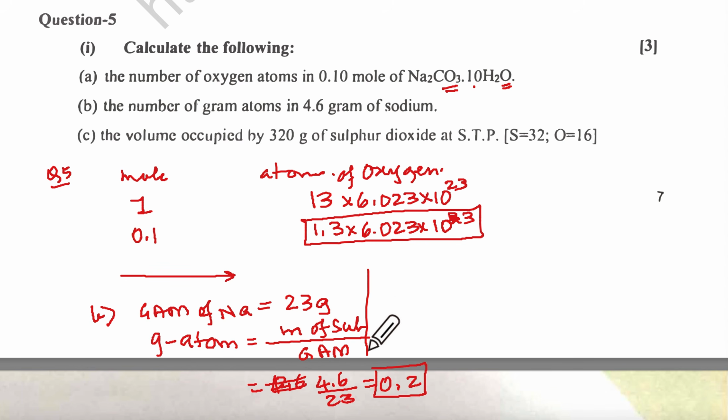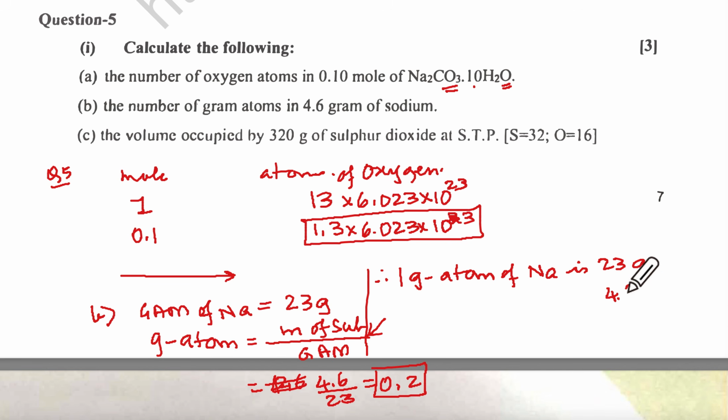What happens if you forget the formula? Just telling you a trick. GAM of Na is 23 gram is correct. Therefore, 1 gram atom of Na is 23 gram. Did you understand this meaning?